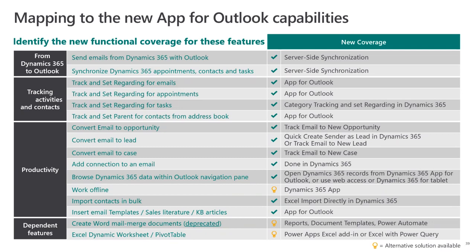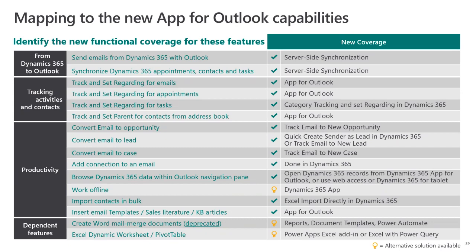In order to browse Dynamics 365 data within Outlook navigation pane, you just have to open Dynamics 365 records from Dynamics 365 app for Outlook, or you can use the web access or Dynamics 365 for tablet to browse the records. But you can browse data in Dynamics 365 right from the app for Outlook. To work offline, the new coverage is the Dynamics 365 app that's available today on iOS and Android.